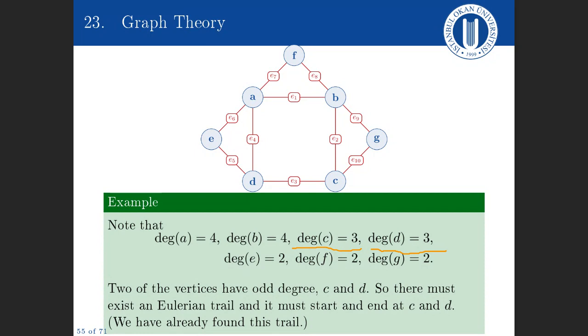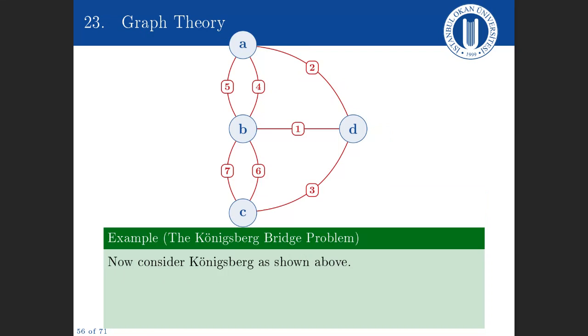The theorem says there exists an Eulerian trail in this graph, and it must start and end at C and D. And actually, we've already found this trail. We've already seen that we start at either C or D, and we finish at the other one. Now we're ready to answer the Konigsberg bridge problem.